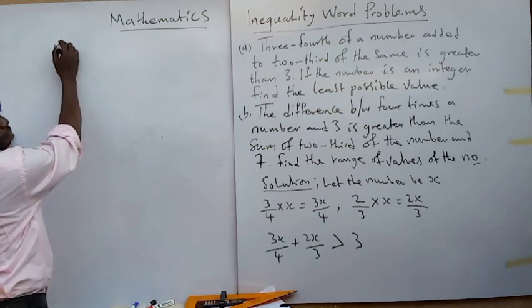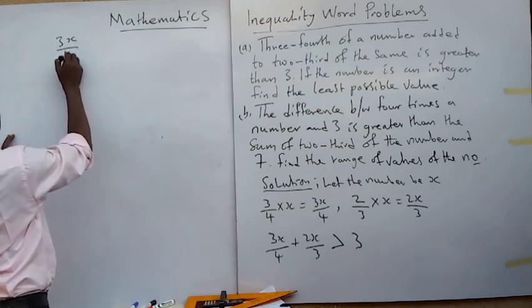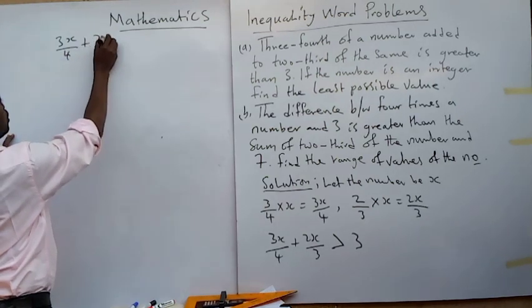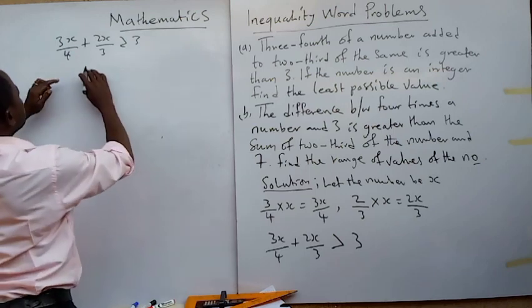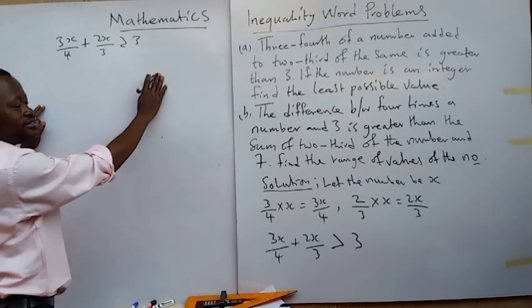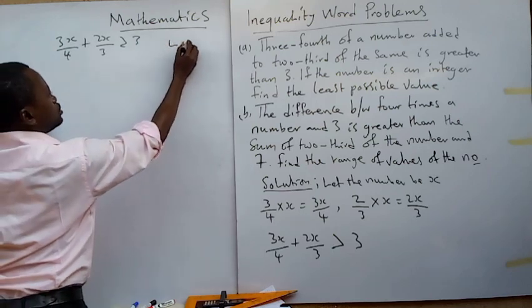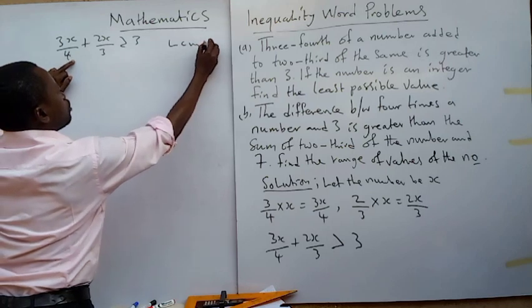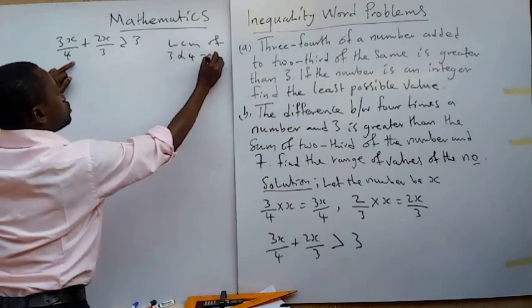So I have 3x/4 plus 2x/3 greater than 3. Of course, what I do here now is multiply through by the LCM of the denominators. Please put that down. LCM of 3 and 4 is 12.